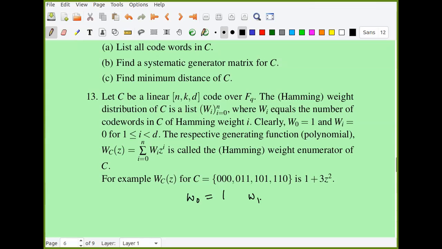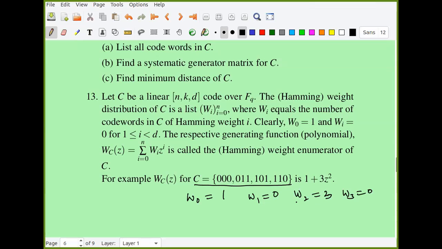Weight 1, how many are there? 0. Weight 2, how many are there? 3. Weight 3, how many are there? 0.